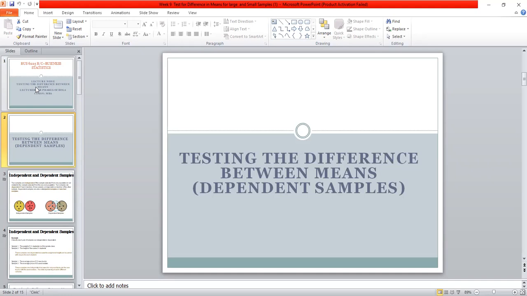Probably they take 8 subjects for testing the effectiveness of the drug. Then they take their blood samples, let's say for hypertension or whatever, of the users before they take the drug.